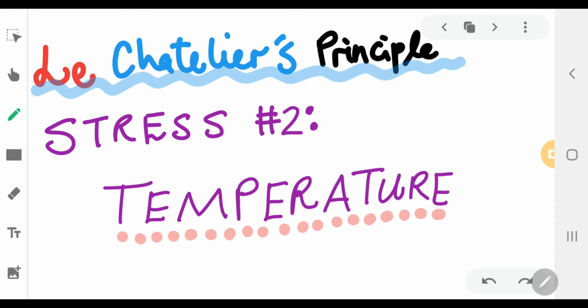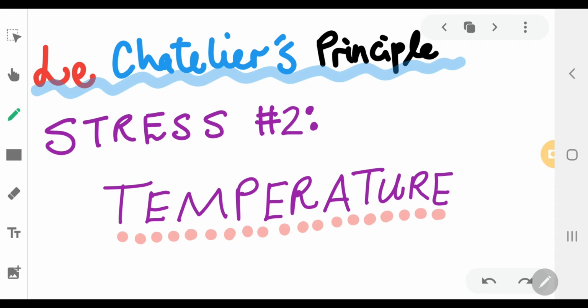Now we're going to look at the effects of changing temperature on a system at equilibrium. The value of the equilibrium constant K is significantly affected by the change in temperature of the system. This is quite unique to temperature, because when you change concentration, pressure or volume, the K value of a system at equilibrium is not going to change.